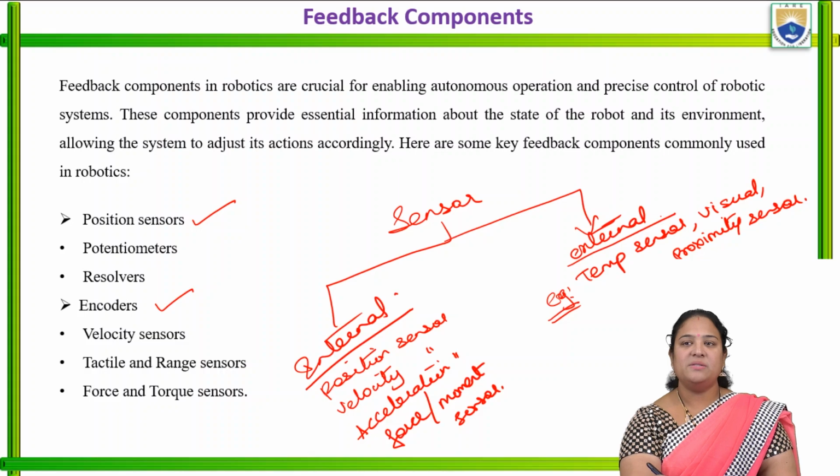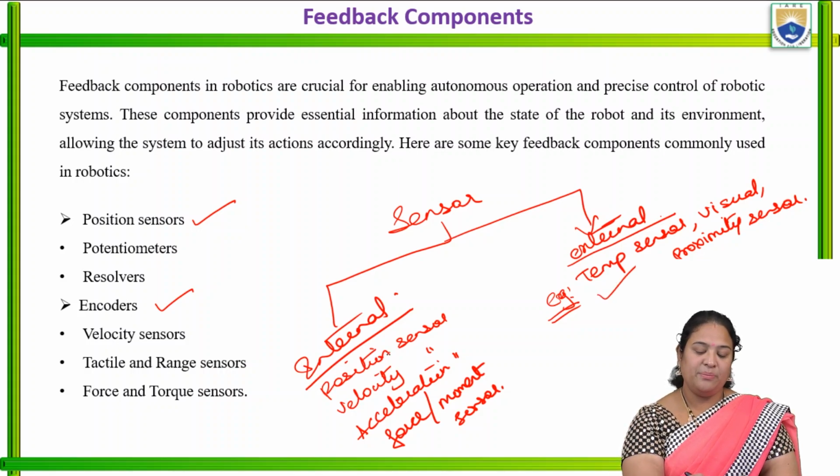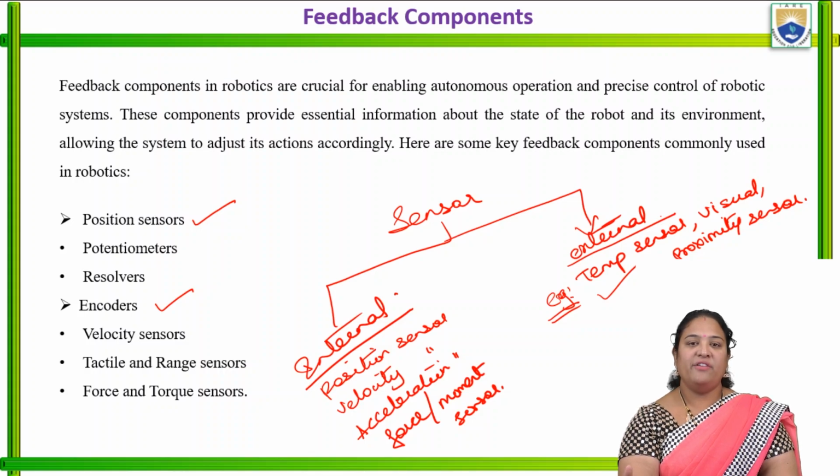So based upon the visual, that is the eye, with the help of the eyes we can see whatever is going on in the surroundings. So these are called the external sensors, and the position sensor, the velocity sensor, the acceleration, force or momentum sensor come under the internal. That is same like our body. If there is any muscular pain within the body, we identify it with the help of the pain and apply some ointment depending upon the requirement.